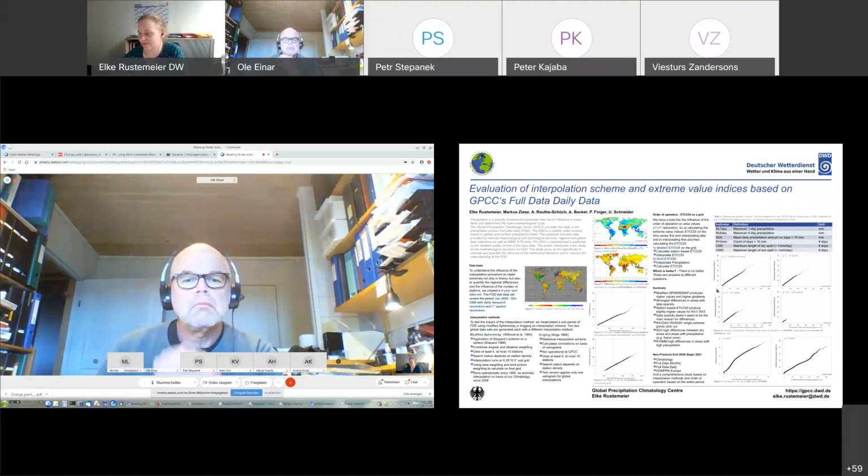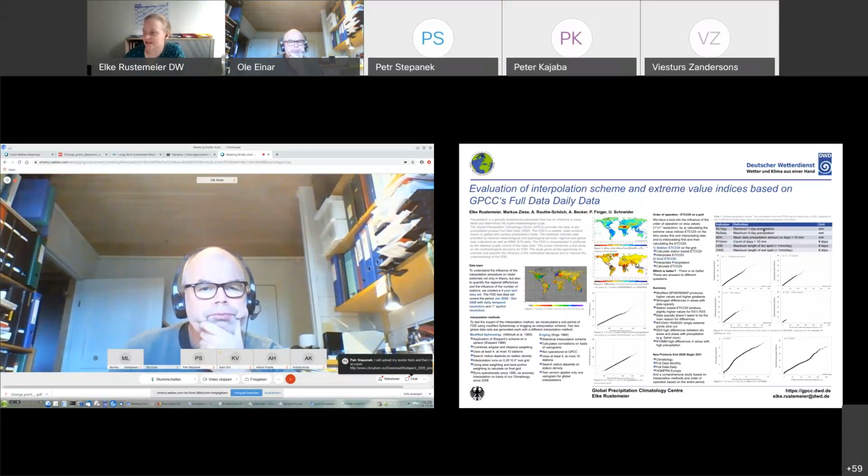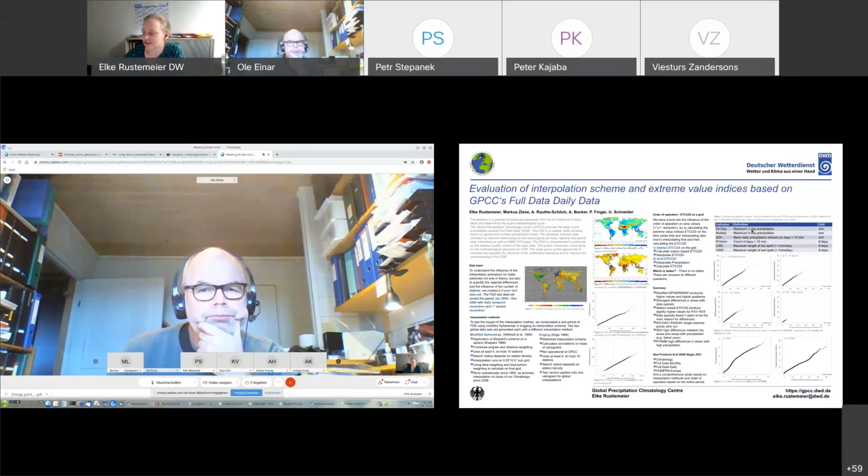And you can see quite large differences when you look at the interpolation schemes. And for the extreme value indices, this is the Rx, so it's the maximum value, one precipitation day. And I showed here the number of stations or time series we used to interpolate.